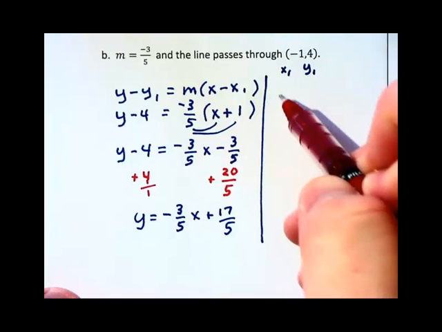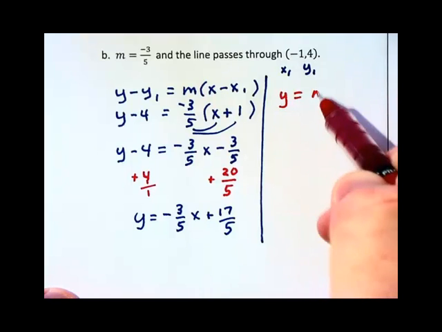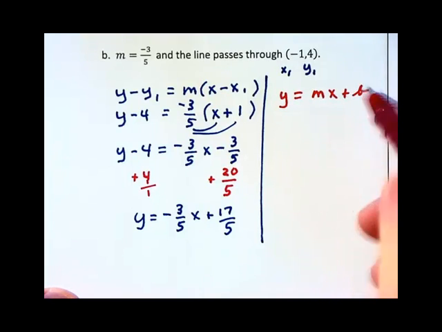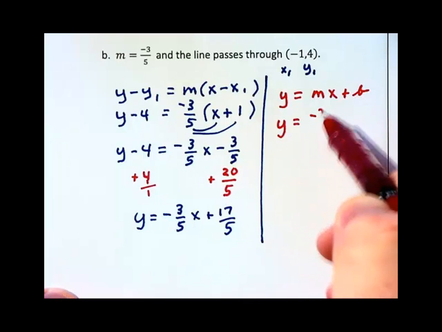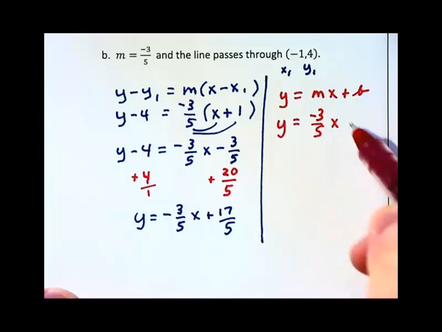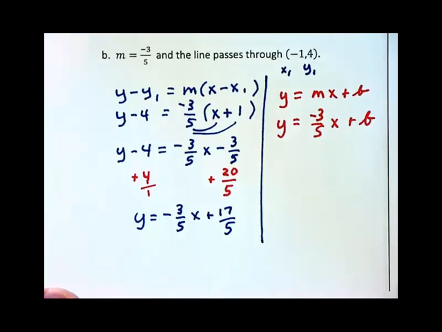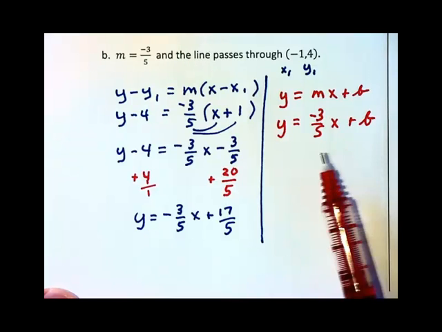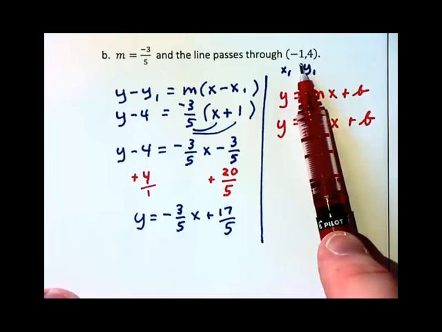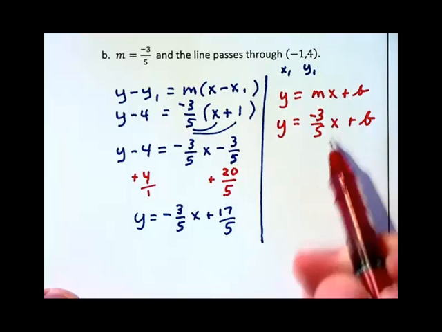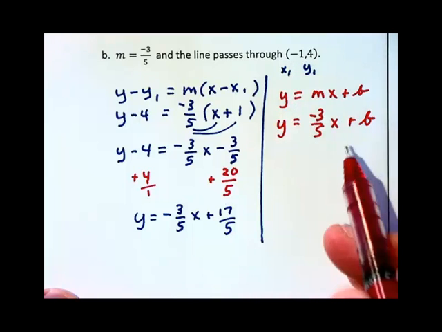Some people will prefer to start with y equals mx plus b and then substitute in the m, the negative 3/5 x, and then look for the b after that as a second step. Now the logic here would be, since this point is on the line, the point works in the line, and you can substitute in the negative 1, 4 for x and y.